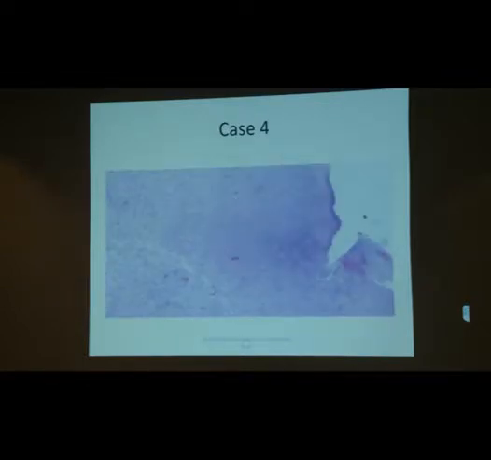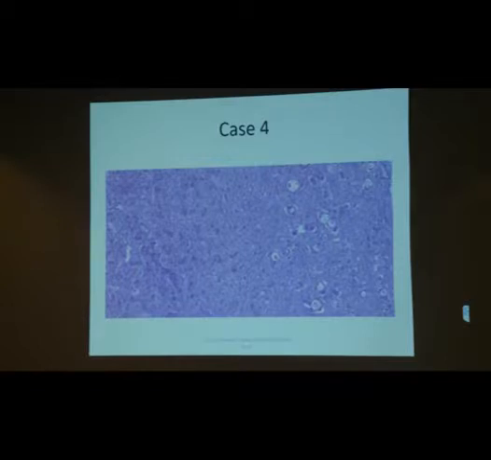So you can see these spindly cells, a little bit whorled. Then you can see these little round things, some ductular/glandular structures. Here they are again on one side of this section. You can see these, which are forming some sort of glands.